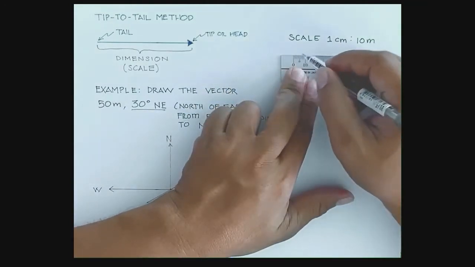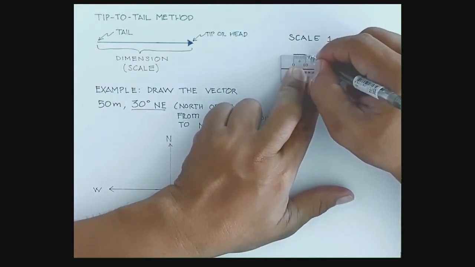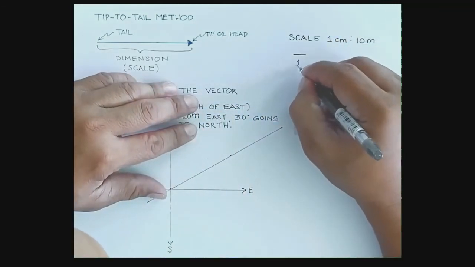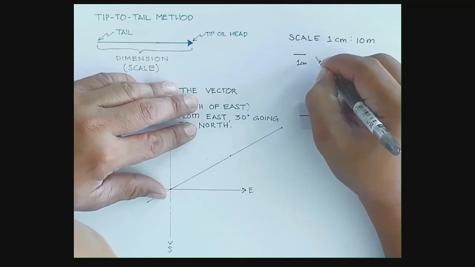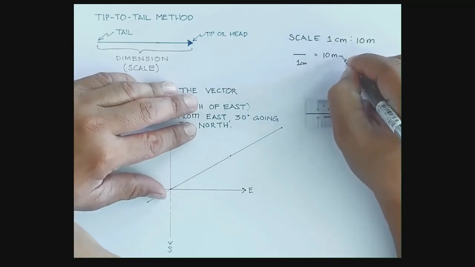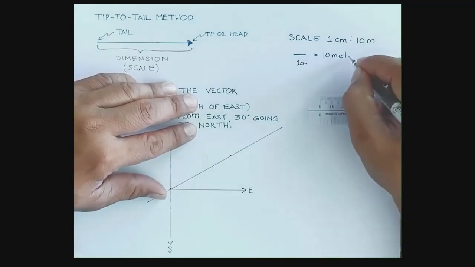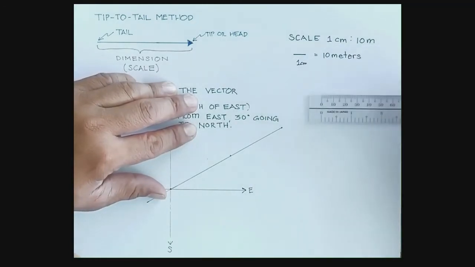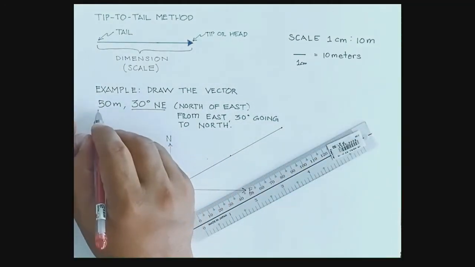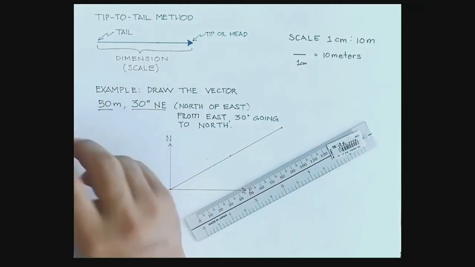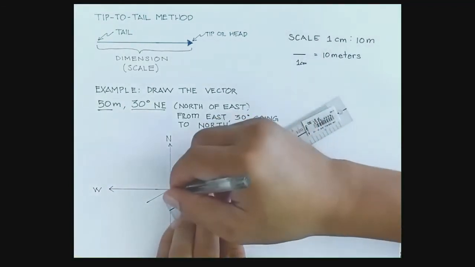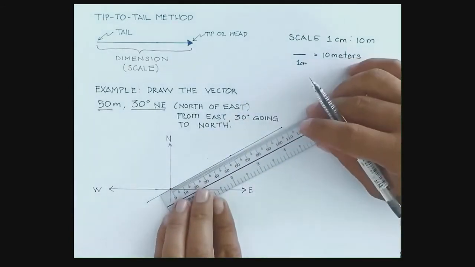That is 1 cm or 10 millimeters in my ruler, and that's equivalent to 10 meters. So we will transfer that down, and remember we are going to locate the 50 meters, so that will be equivalent to 5 centimeters or 50 millimeters in my ruler.